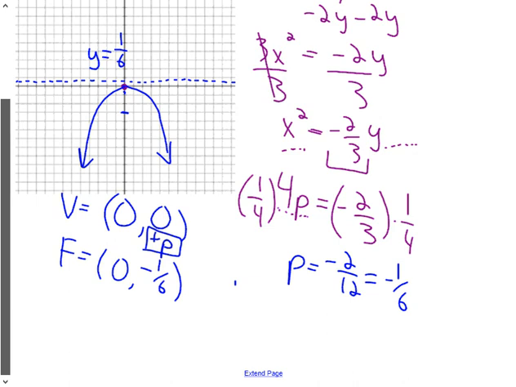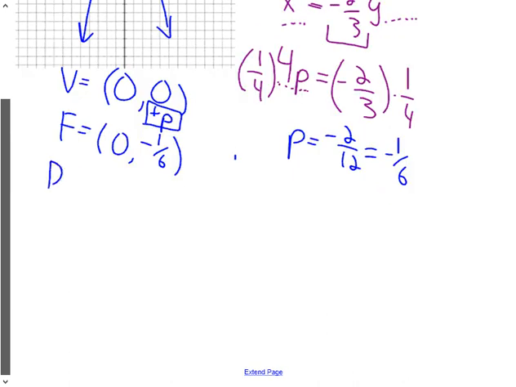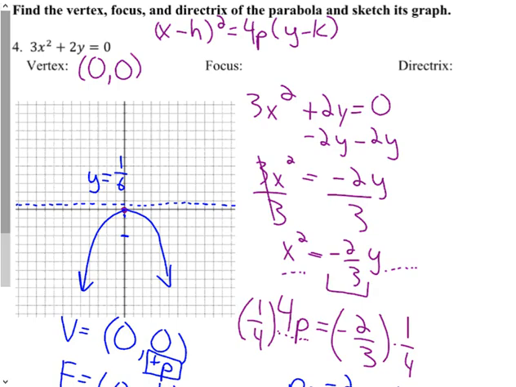And then going the other way, technically our directrix is not a point, but just as the idea, if we go the other way, we'll have 0, 1/6. It's a line though, so that is y equals 1/6, as previously stated. So filling that in up top here, we've got y equals 1/6, and the focus is the point 0, negative 1/6.